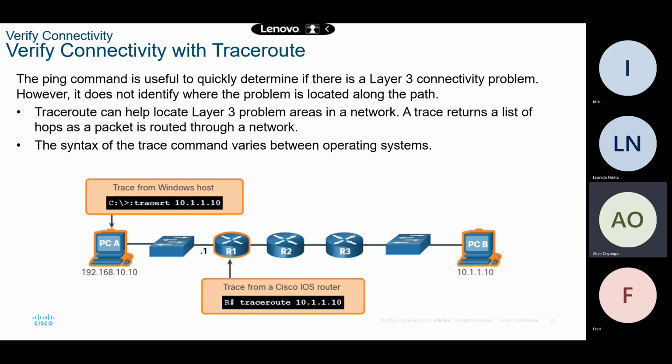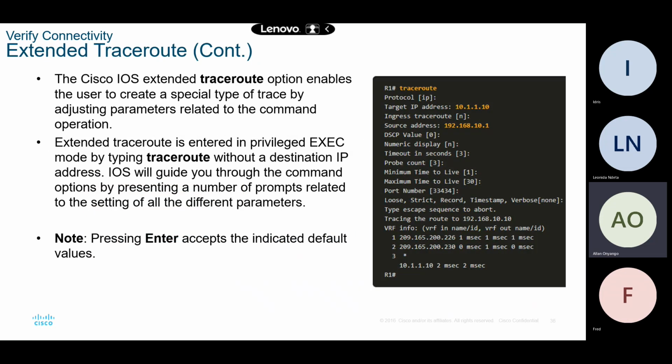Tracert is the other sister of ping, and we did talk about tracert extensively. You can use the command tracert in a PC, but within a router, you use traceroute. You use trace, and you can see down here is the traceroute command and tracert in a PC. Same command, different names according to where you're using it, but it does the same thing.